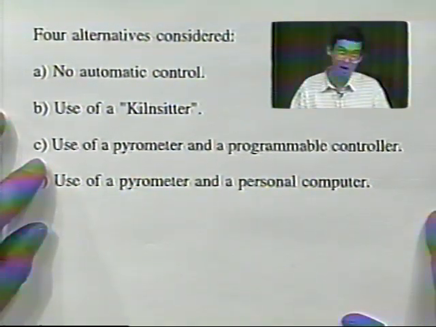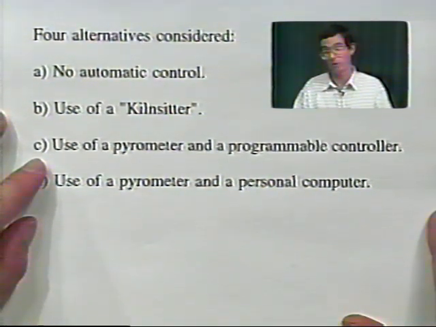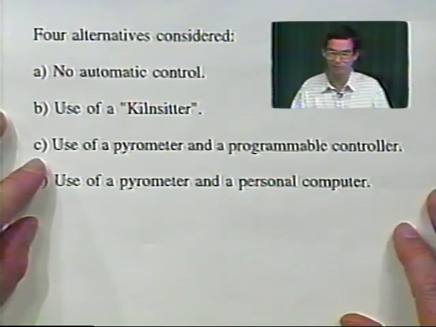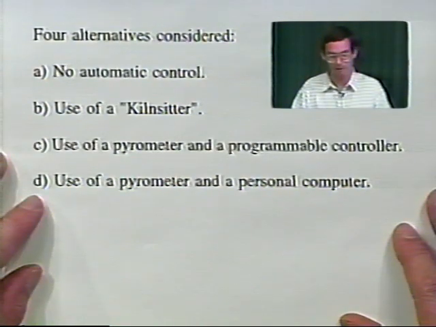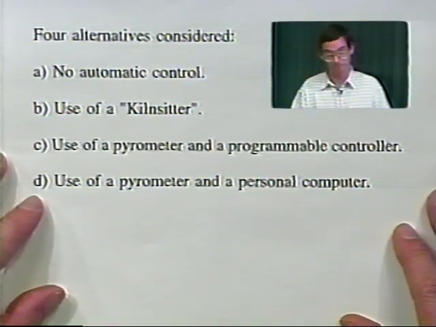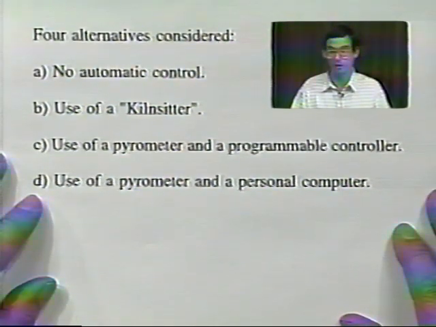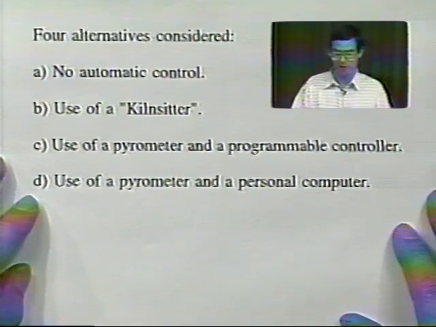The use of a pyrometer in the kiln and a programmable controller. A programmable controller is a special purpose computer that's used for real-time control of manufacturing processes. And thirdly, using a pyrometer and a personal computer. This project was done about 10 or 15 years ago when personal computers were fairly novel and in a way more flexible than they are today.